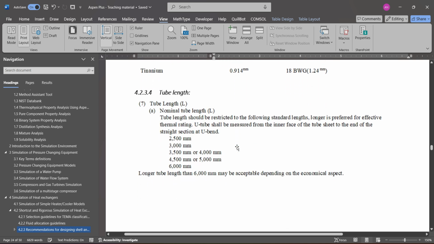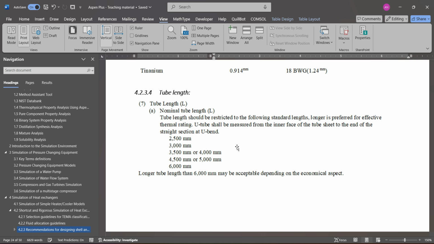Similarly, for the tube length, the common recommendation is we use 2.5 meter tube length as the minimum length. Of course, we can go below 2.5 meters and even higher than 6 meters, but those are not the common heat exchanger sizes. In that case, we have to be very careful.